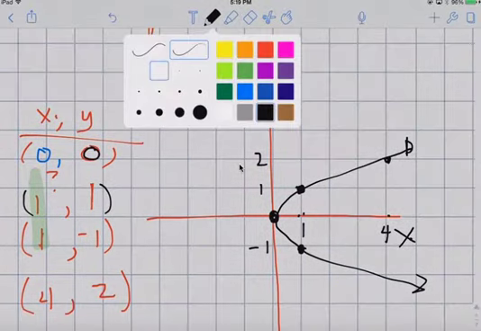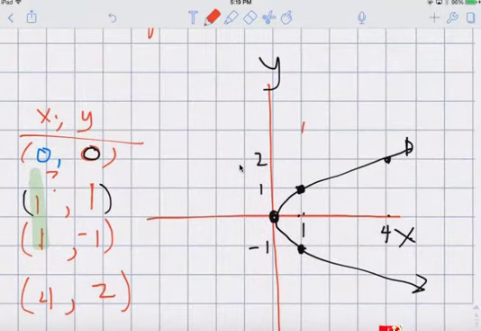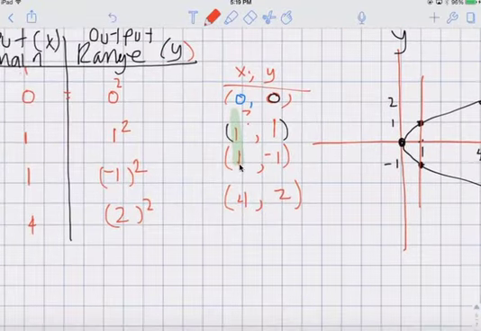Not a function, because if you draw a vertical line, it'll cross 2 points where the domain is the same, creating the same domain. So you explain that.